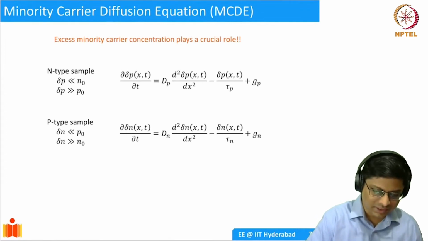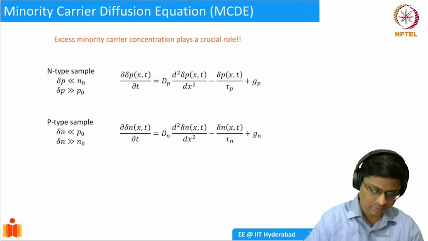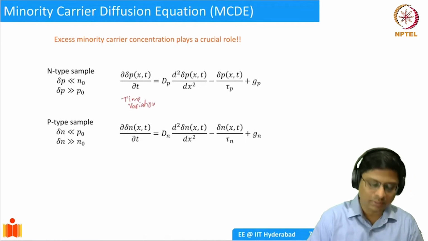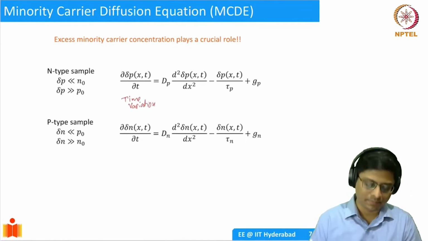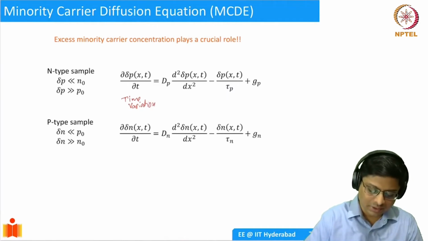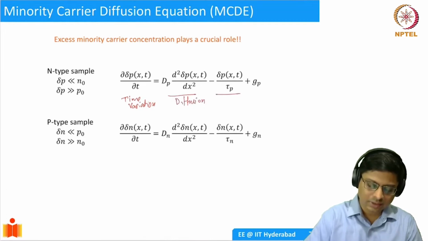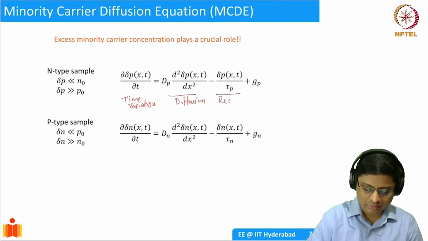This is basically the time variation at a particular position. How does the minority carrier density change with time? That is going to depend on the diffusion process and the recombination process.